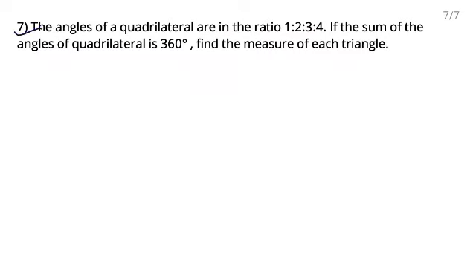Next, question number 7. The angles of a quadrilateral are in the ratio 1:2:3:4. The sum of the angles of a quadrilateral is 360.